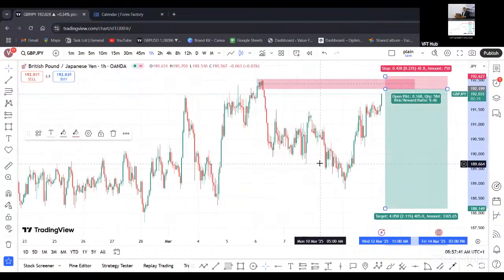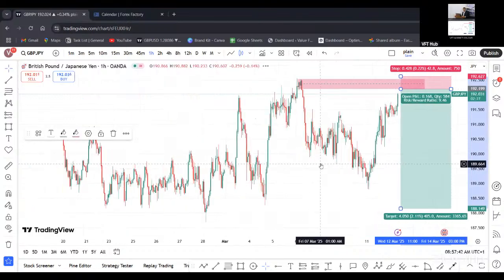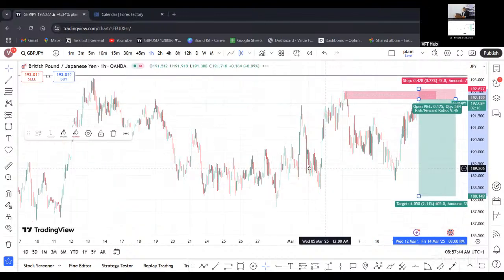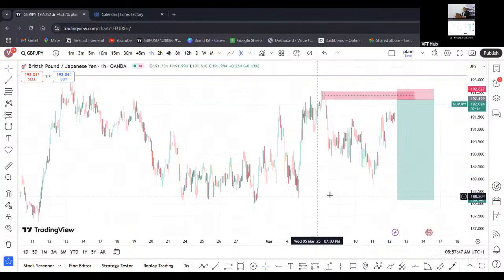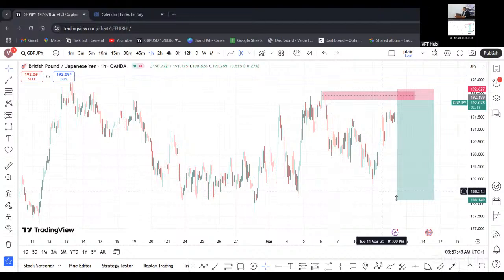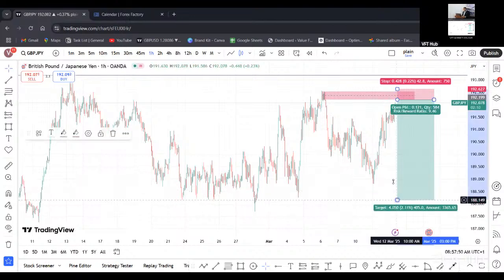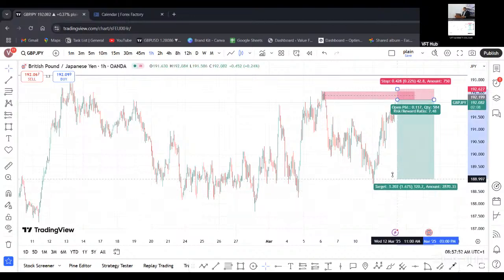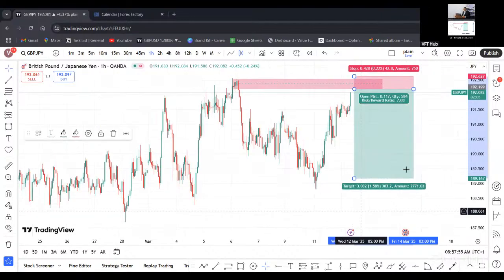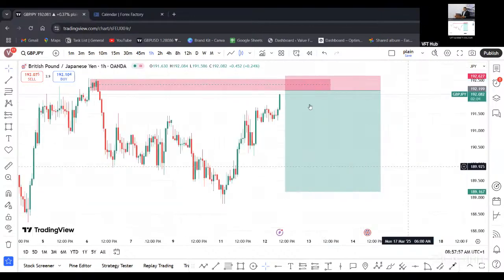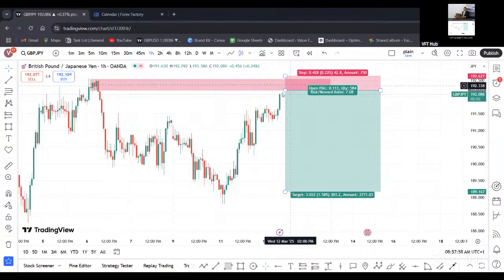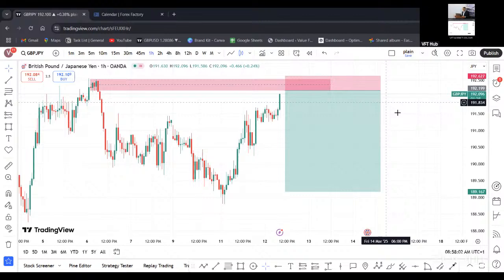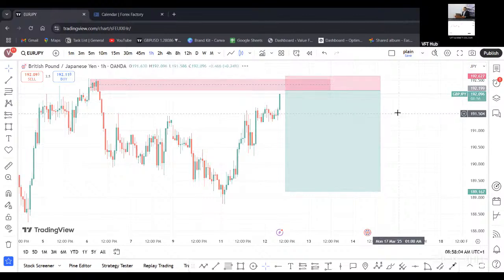So this is what I'm expecting to play out on GBP JPY: first of all, to sweep this liquidity here and then continue forward all the way to the downside. So once GBP JPY trades into this level, I'll start waiting for entry signatures to play out and then I'll be taking my shot.